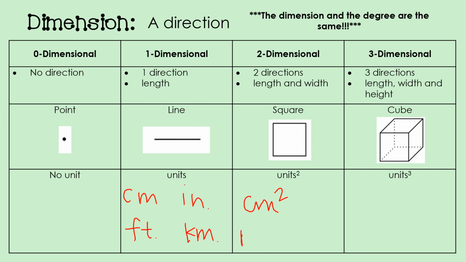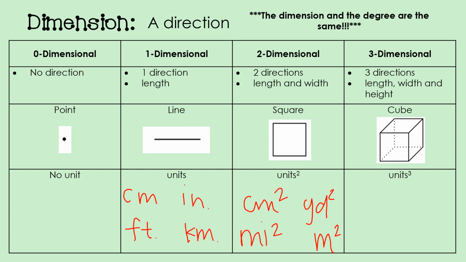And we could do miles squared or meters squared. Be careful not to confuse miles and meters. Miles is abbreviated as MI. You can always write the entire word out if you want to, and meters is M. We could do, I don't know, yards squared if we wanted to.